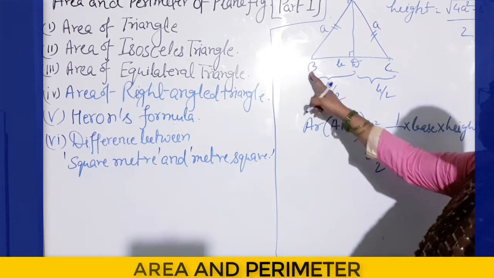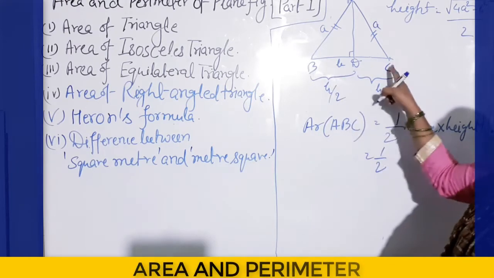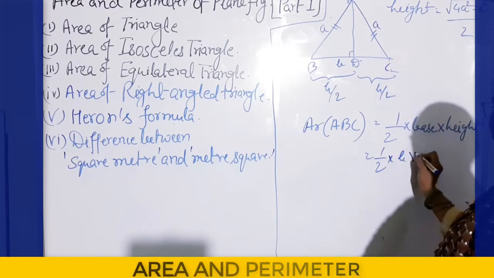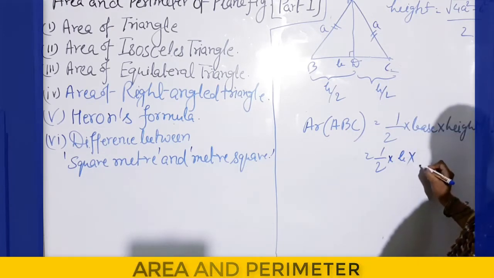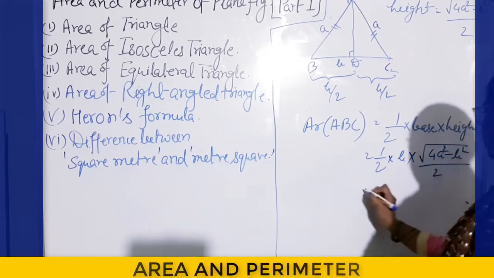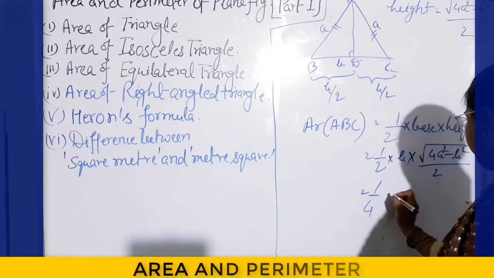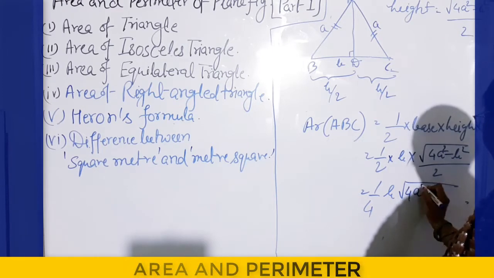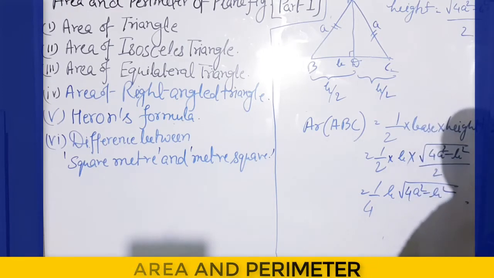So base BC is equal to b, a small b, and height is equal to root under 4a square minus b square by 2. This implies your final formula is 1 by 4 into b into root under 4a square minus b square.